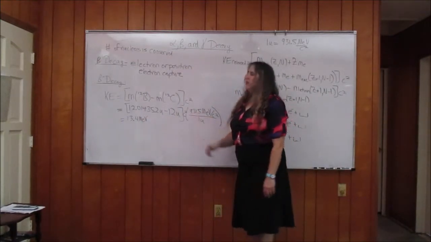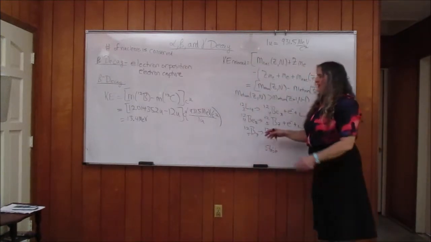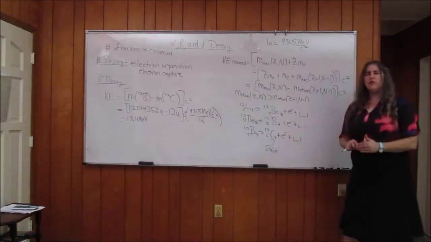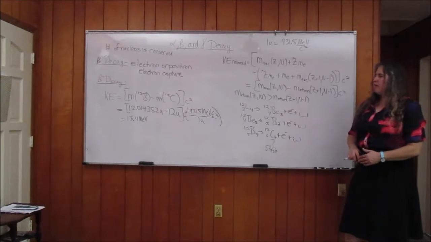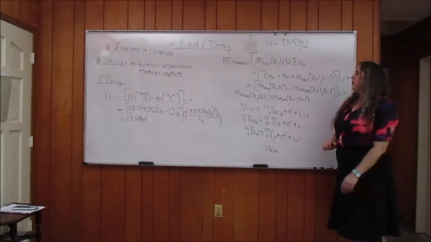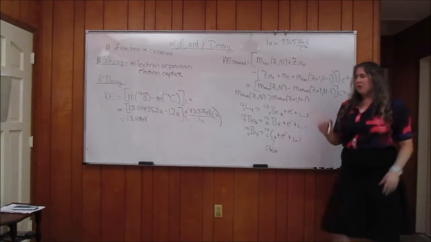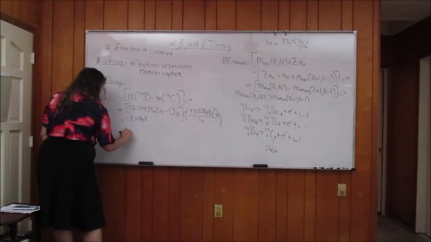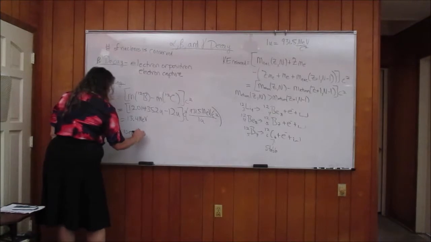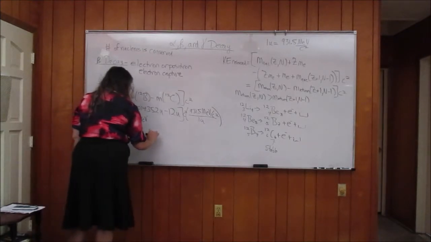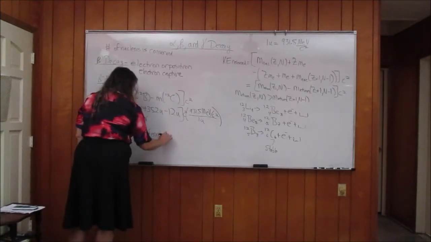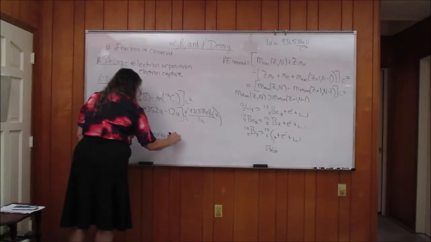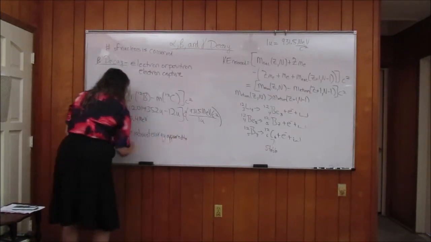There were electrons observed to have energies in this whole range, just above 0 megaelectron volts, all the way up to nearly 13.4 megaelectron volts. So, what does this mean? Conservation of energy appeared to be in jeopardy.